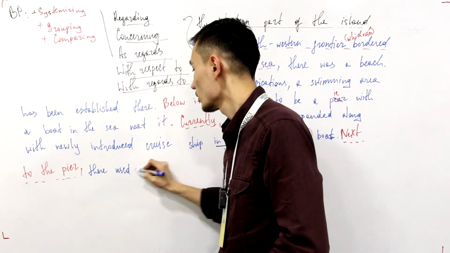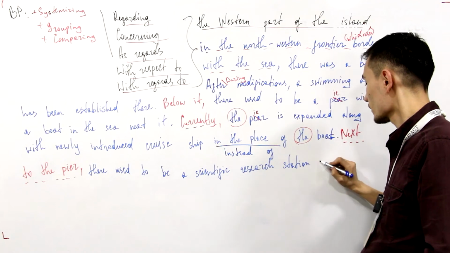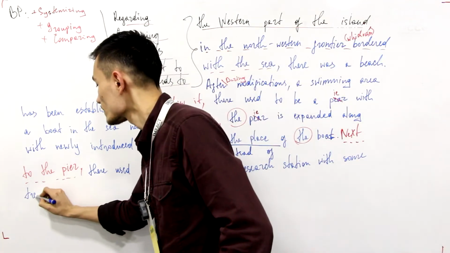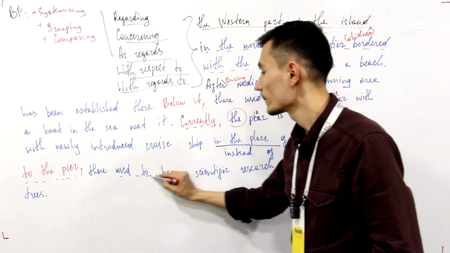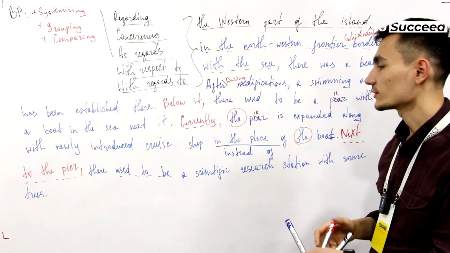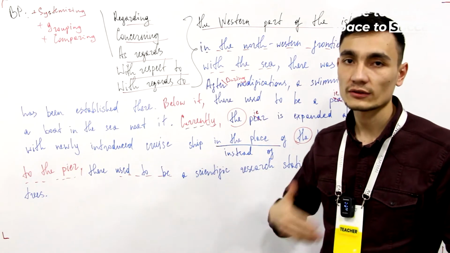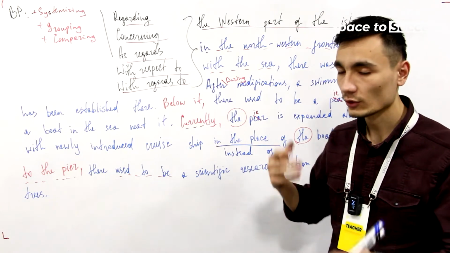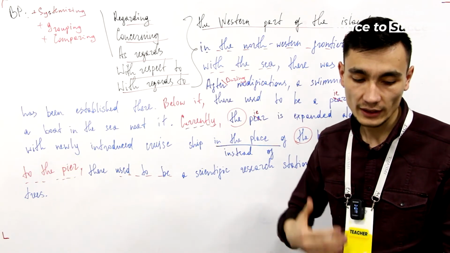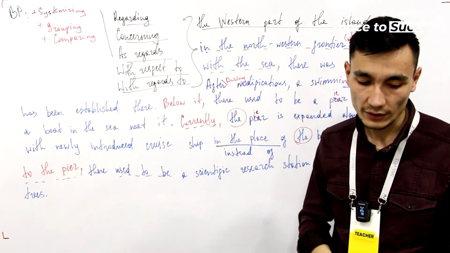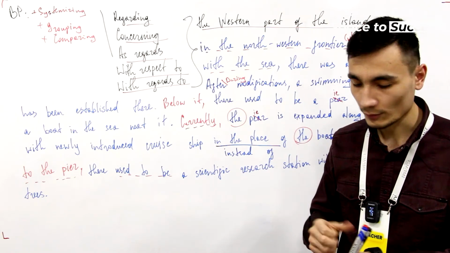There used to be a scientific research station with some trees, and I just don't want to stop the sentence here. I want to use a relative clause and continue this sentence by giving the situation now there. So I will write hotel complex and a swimming pool there.